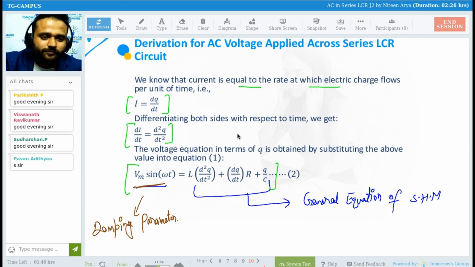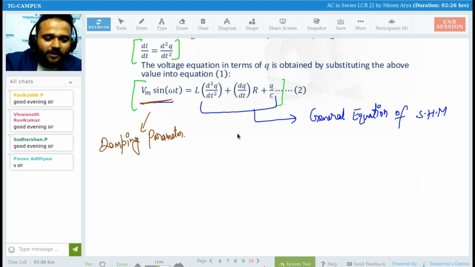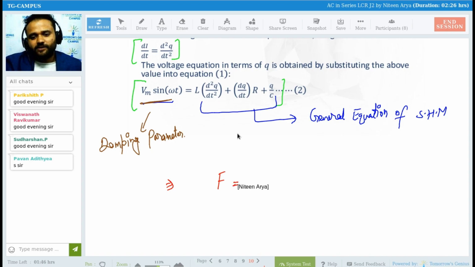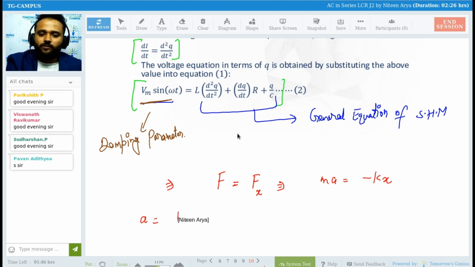Okay. Take the simple SHM equation for a mass attached to a spring, a spring mass system. There is a spring force, and that is going to be mass into acceleration, equal to minus kx. Acceleration is d square x upon dt square.